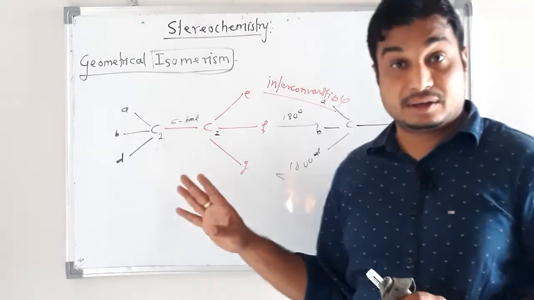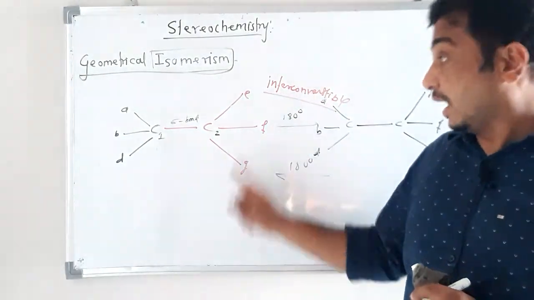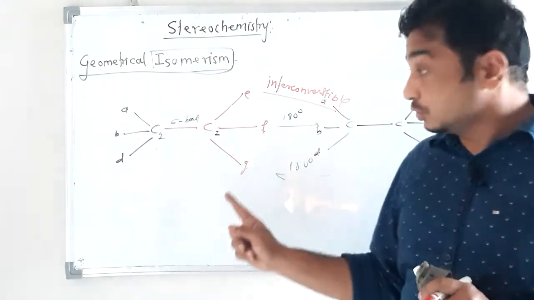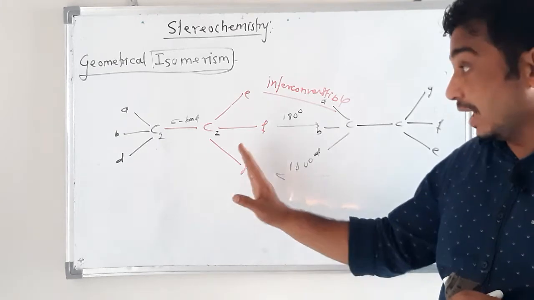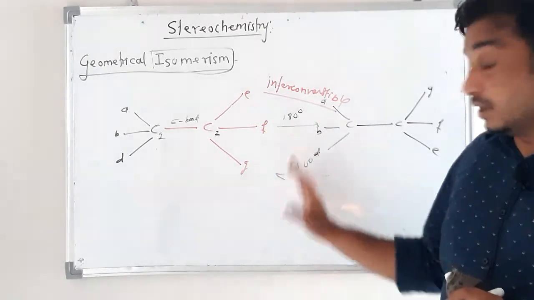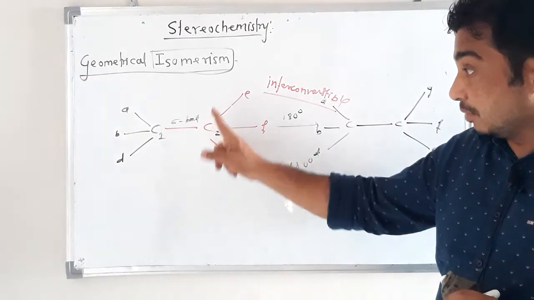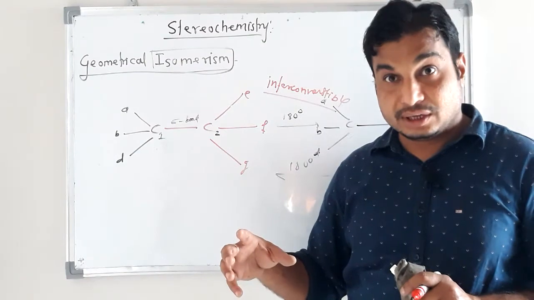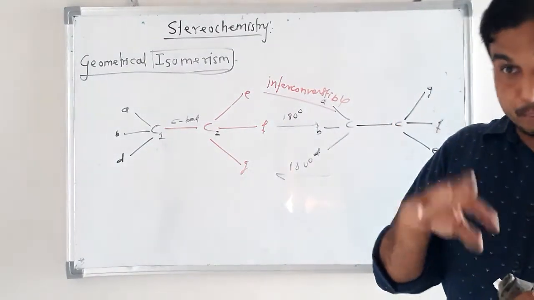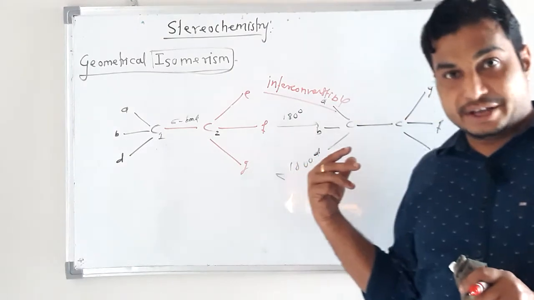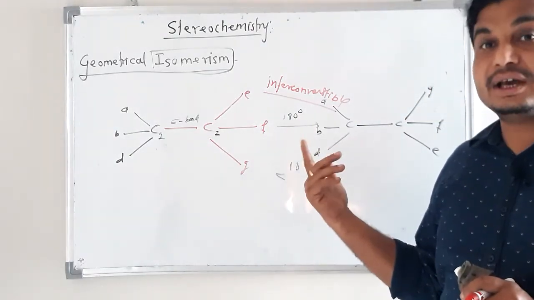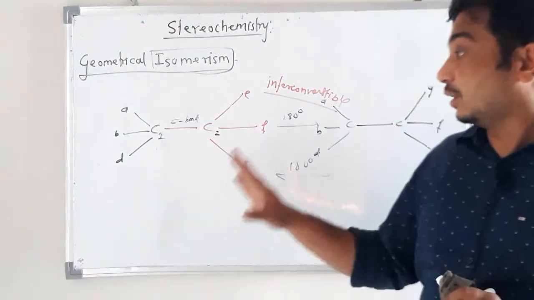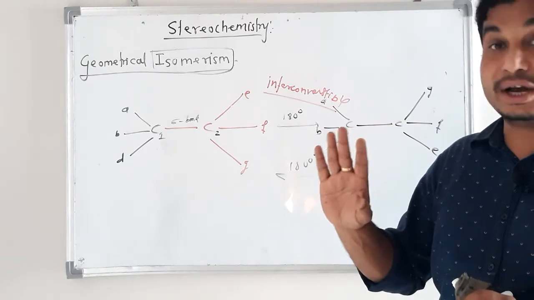They are not different, they are the same molecule. These two structures are not different, so they are not isomers. Remember this, very clear. The carbon-carbon single bond is in continuous rotational motion, and due to this rotation they form another structure, but the two structures, before and after rotation, are interconvertible and the same, therefore they are not isomers, not stereoisomers.